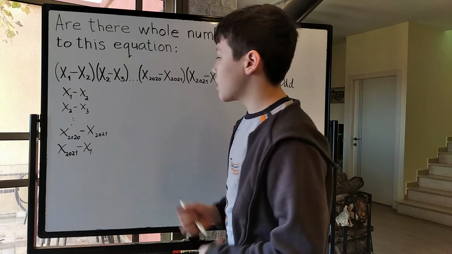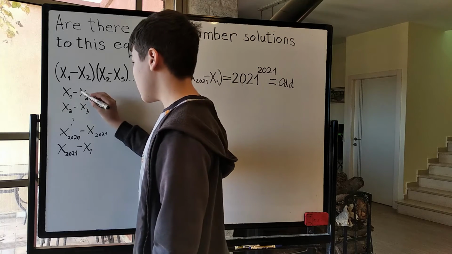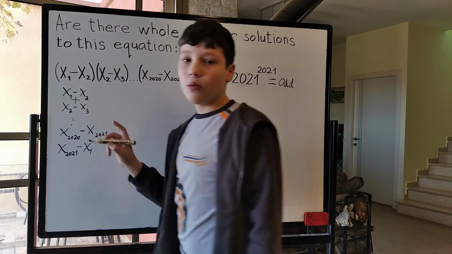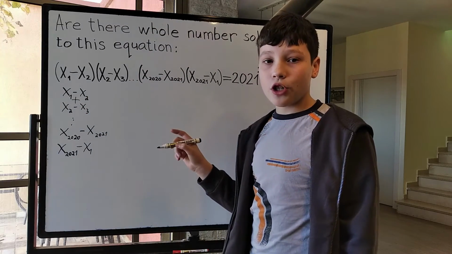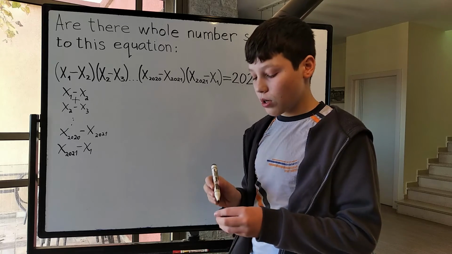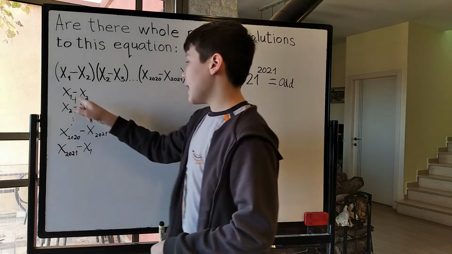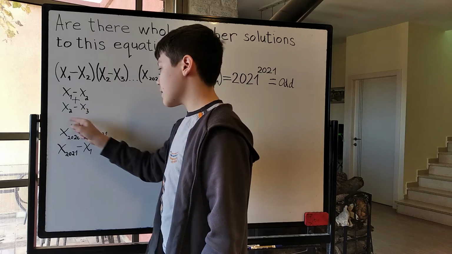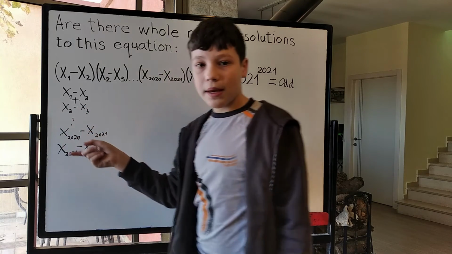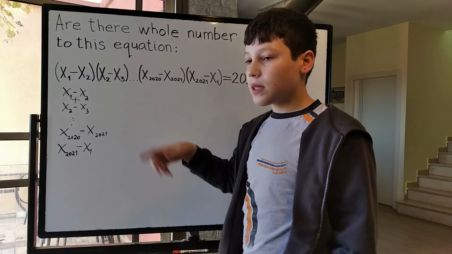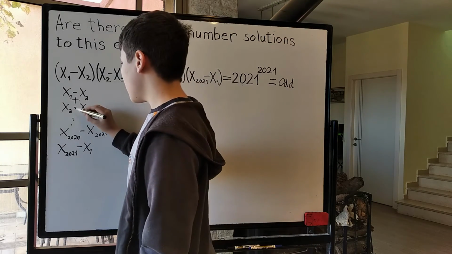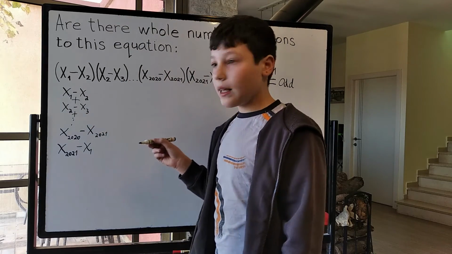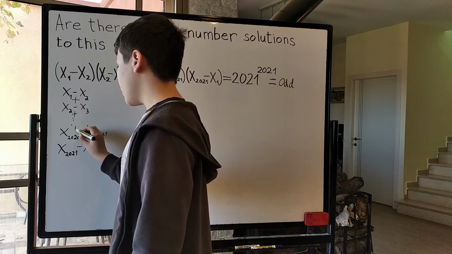Notice that when we sum all of those, each number appears exactly once, and the negative version of that number also appears exactly once. So for example, negative x2 and x2. And then we'll have negative x3 and x3, negative x4 plus x4, and so on. So when we sum all of those up, it'll cancel with each other.